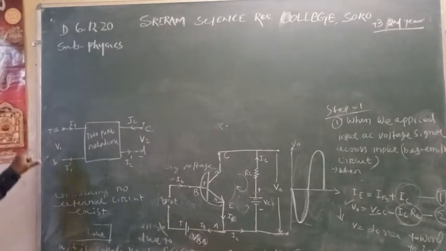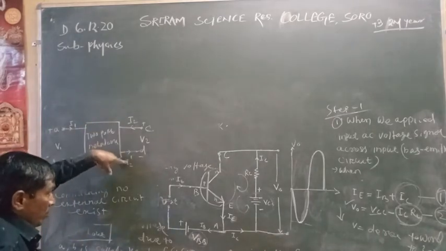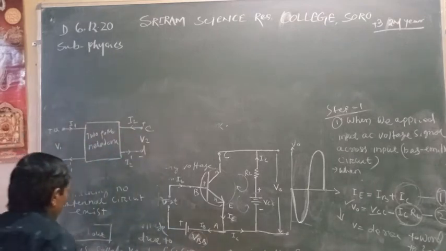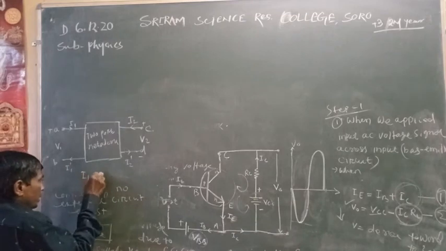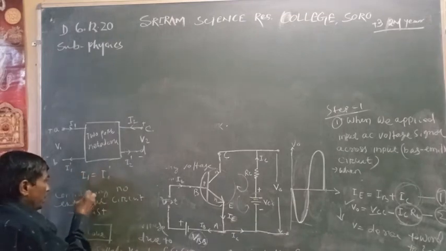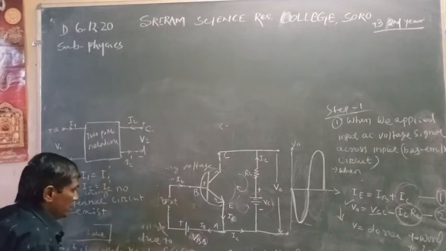So I1 equals I1 dash and I2 equals I2 dash.